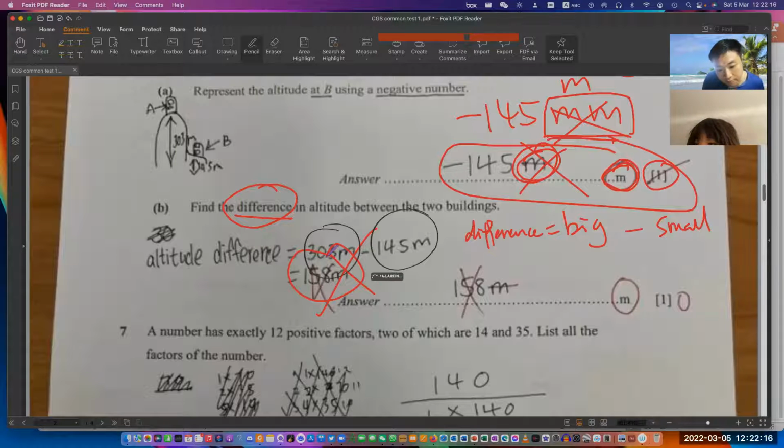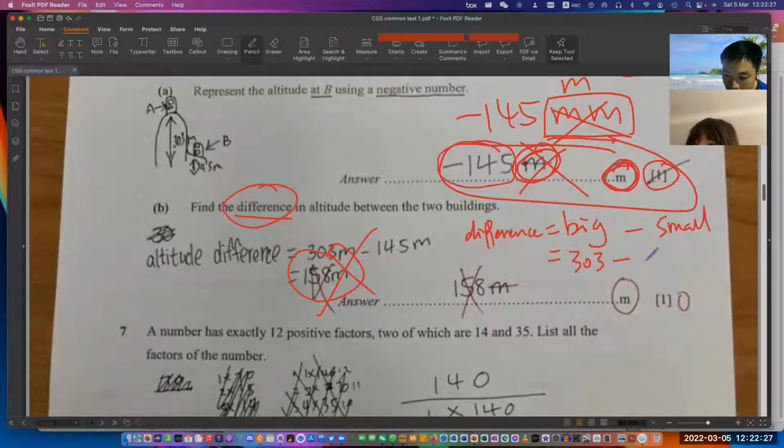Minus 145. So what is the big number? The big number is 303 minus. Yeah. What's the small one? The small one is above, minus 145. So if you form this, minus is plus.